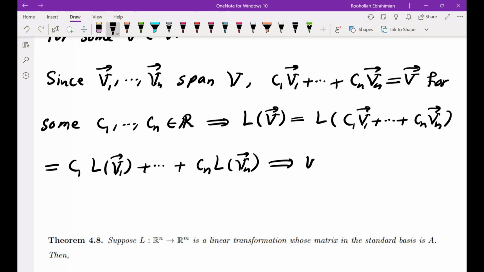So this means W is in fact a linear combination of L of Vi's. So I'll just use the sigma notation here.